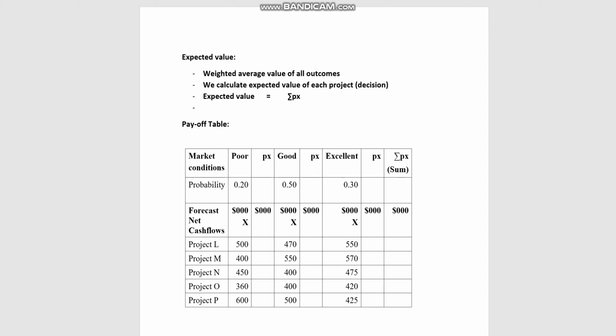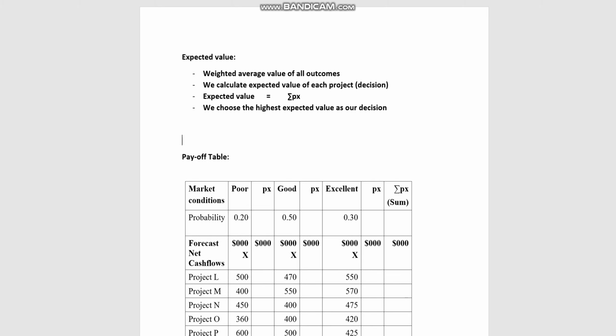And once we have calculated the expected value in relation to all decisions under consideration, we choose the highest expected value as our decision point. So whichever project, whichever decision results in the highest expected value, being a risk neutral decision maker, we choose that highest expected value and make the decision.